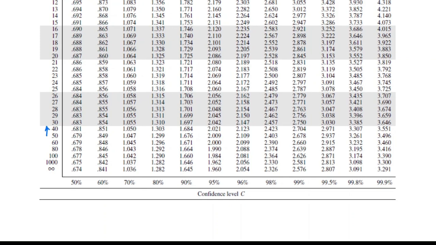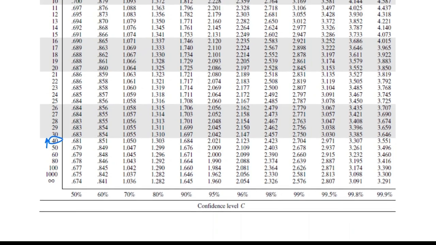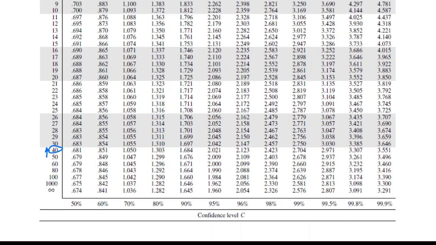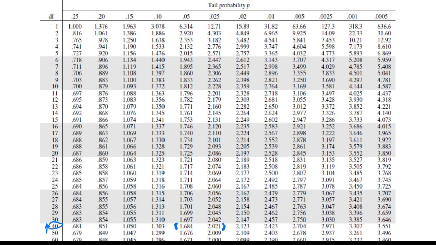So instead of 50, even though 49 is only one away from that, we're going to drop back to 40. So we're going to look in the 40 column. Again, we're looking for 1.75, and 1.75 is right here to right here, which is between 5% and 2.5%.